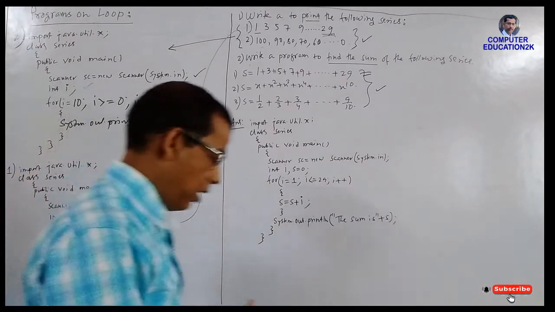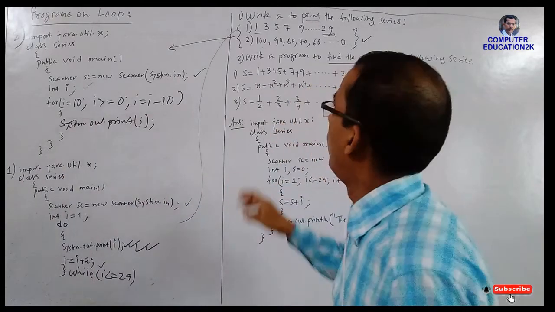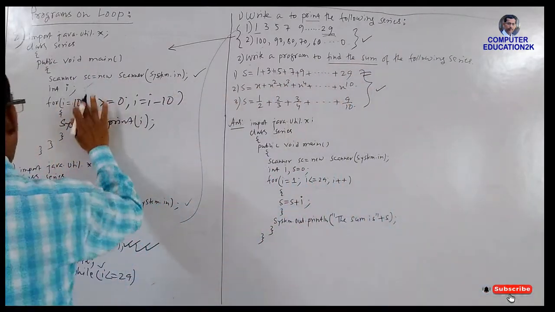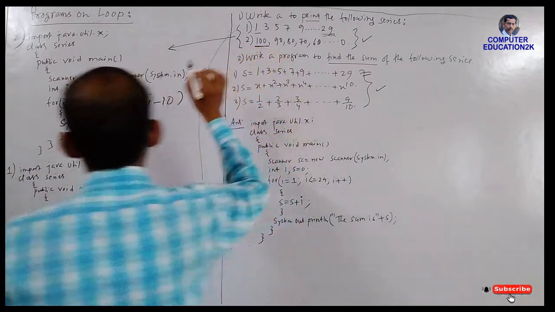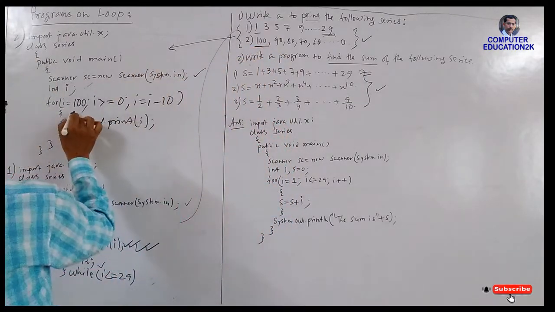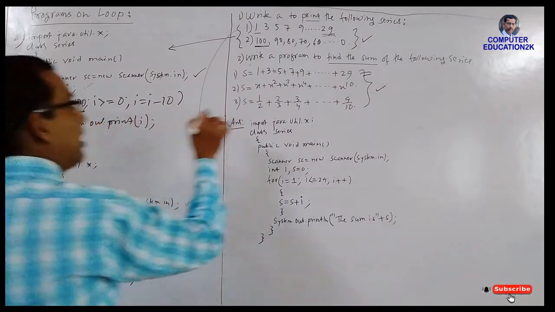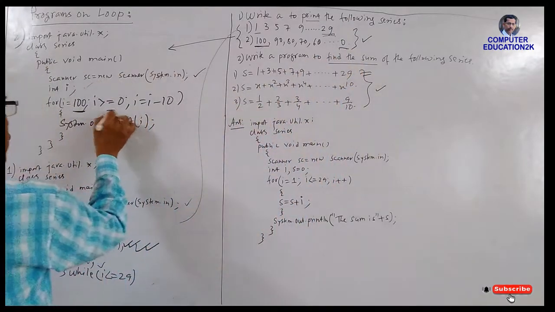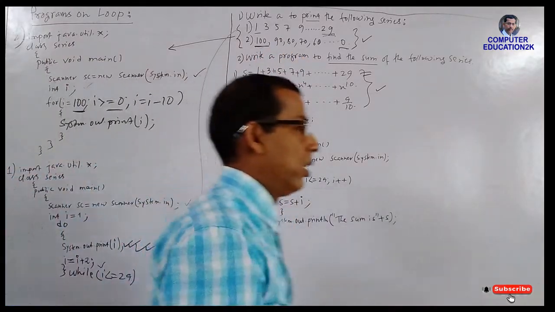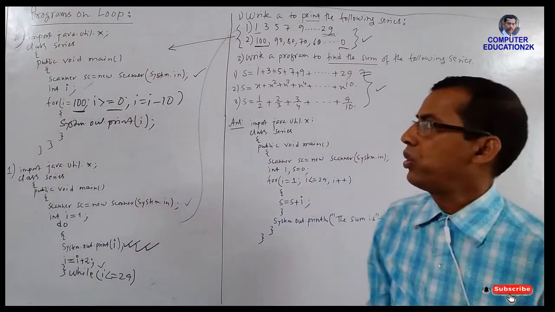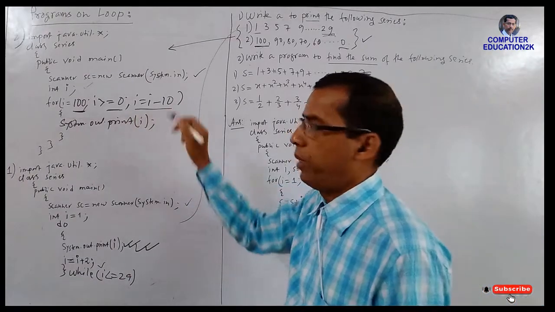You can see here, I equals to not 10, I equals to 100, because the series has started with 100, and it ends with 0, so I write here 0. The values are decreasing by 10 each time, so I will write I equals to I minus 10.